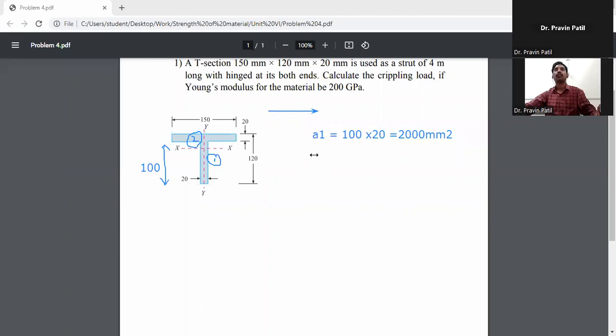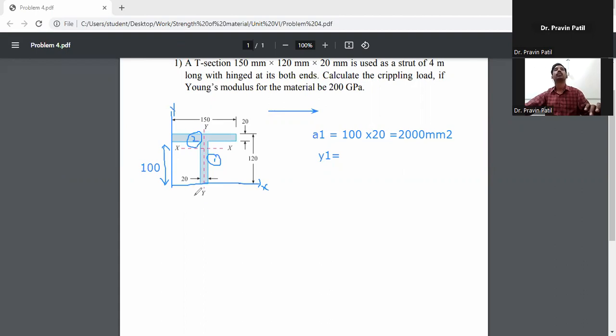Then y1. This is measured from the bottom side, from here. Let us draw the x-axis and y-axis. This one is the y-axis and this one is the x-axis.